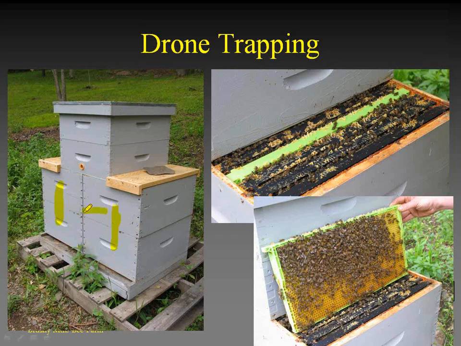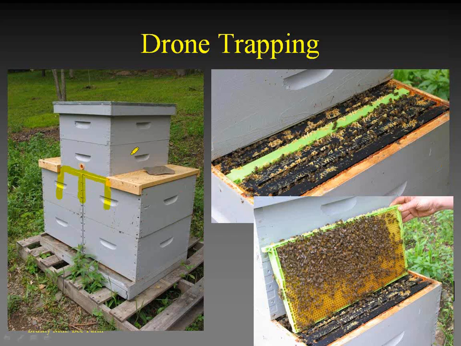There is a queen in this colony. There's my queen. And there is a queen in this colony as well. Now, the trick here is you have to prevent the queens from ever coming in contact with one another. And the way to do that is, you can just barely make it out right here, a plastic queen excluder that is straddling half of one colony and half of another colony.